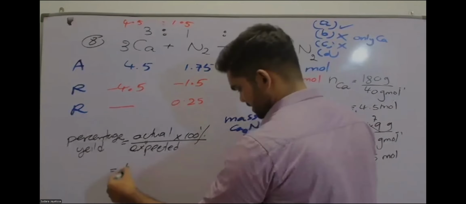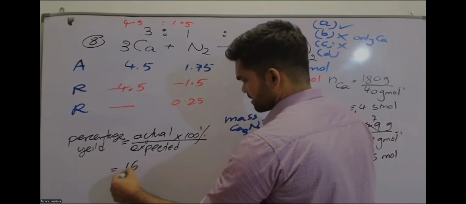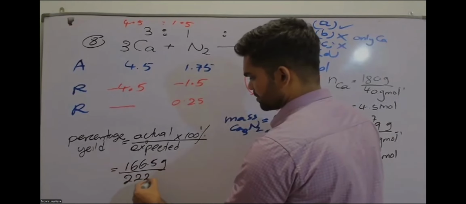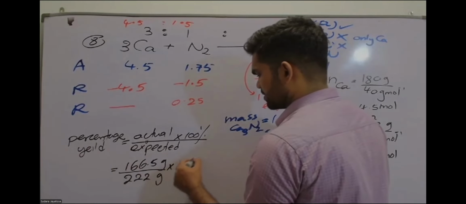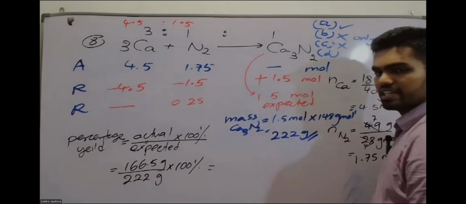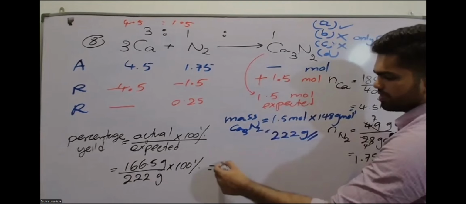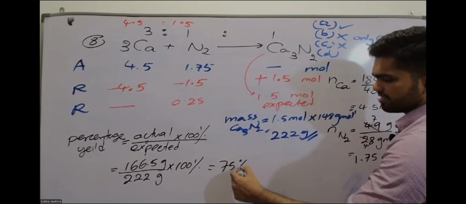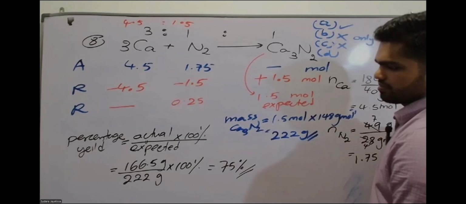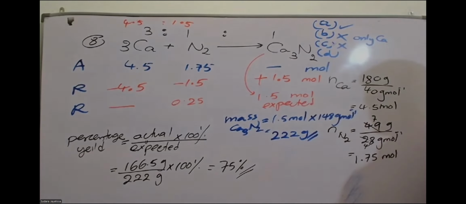So actually you got 166.5 grams. You expected 222 grams. You have to put it into 100%. It's not clearly divisible. You have to try a little bit. Then you will find it is 75%.